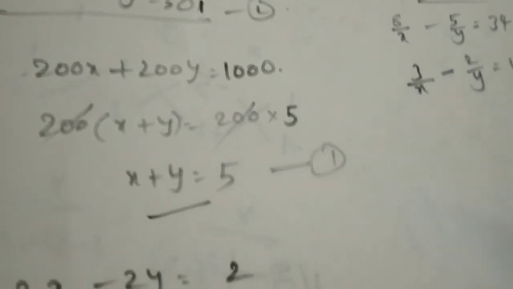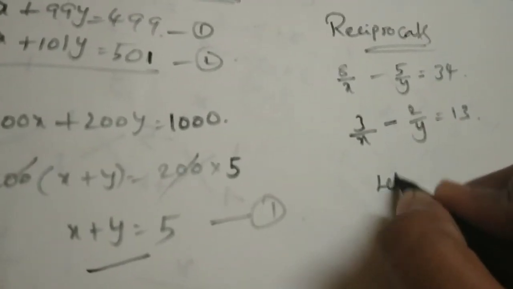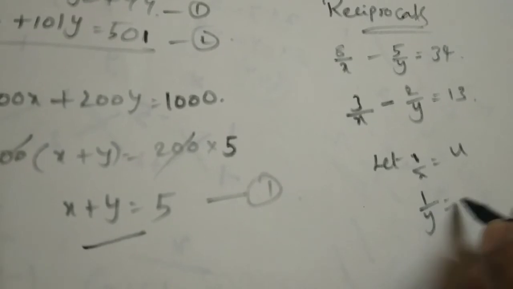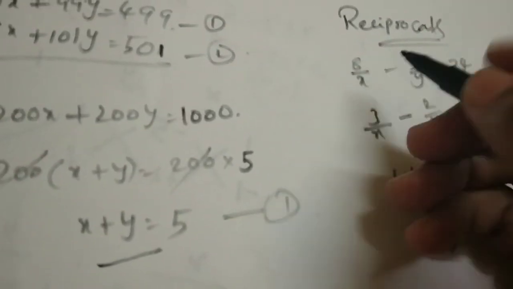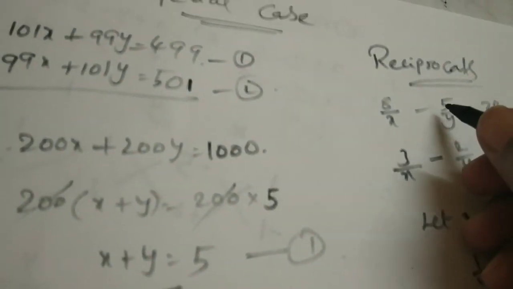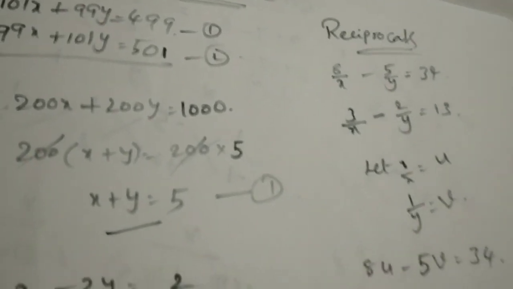How to solve such equations: in these reciprocal equations, let 1 by x be equal to u and 1 by y equal to v. Then 8 into 1 by x changes into 8u, and minus 5 by y changes to 5v, is equal to 34.